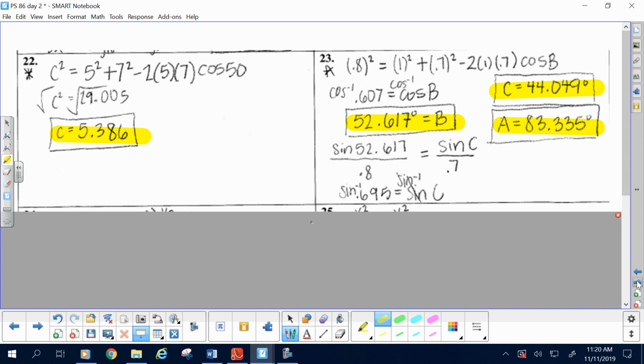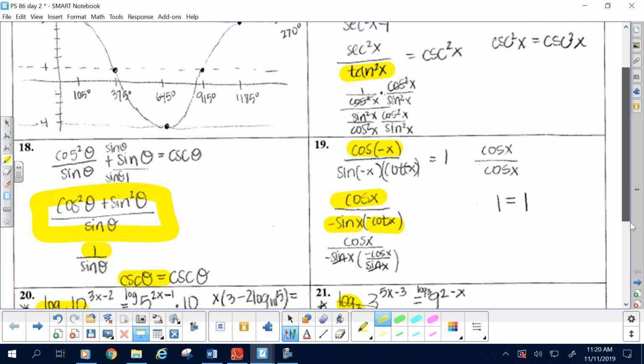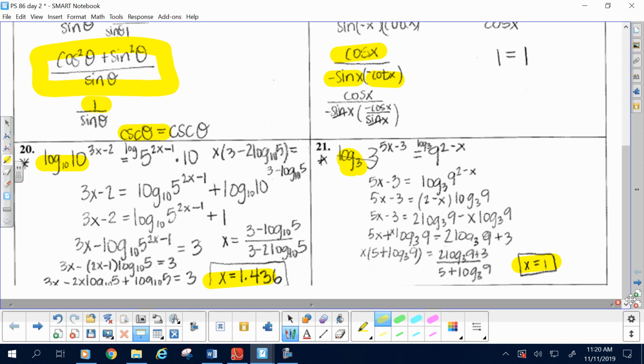For number 20, that wasn't a plus sign, or a plus log, it was times, so why did it turn to plus here? Good question, because this is one of the hardest types of log problems, when it's not just a term and a term.